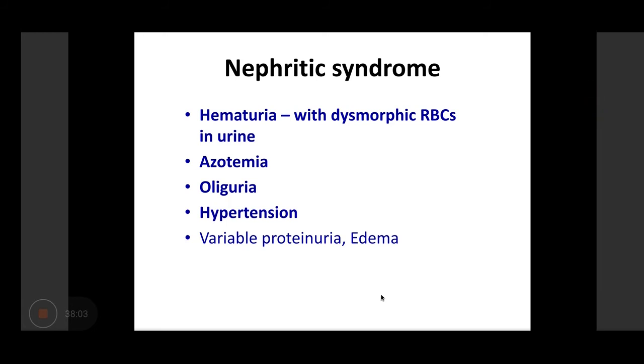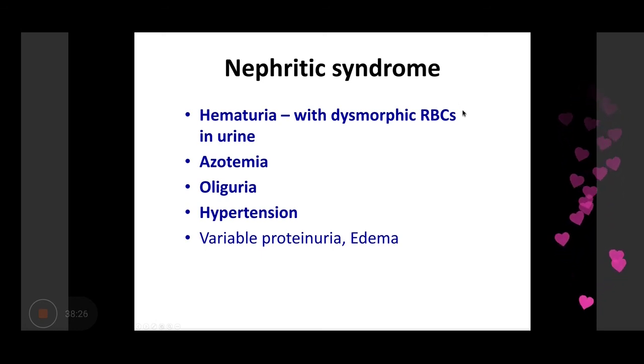Now we come on to nephritic syndrome. Just as we discussed nephrotic syndrome, what are the clinical features of nephritic syndrome? Nephritic syndrome is characterized by the presence of hematuria, that is passage of red blood cells in urine, and these RBCs are dysmorphic in nature.